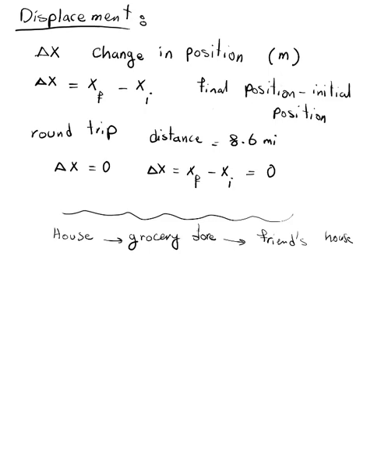So I'm gonna sketch, remember step 1. So this is my origin, which is your house. And then let's say your xi is the grocery, and then your xf, which is the final destination, is your friend's house.